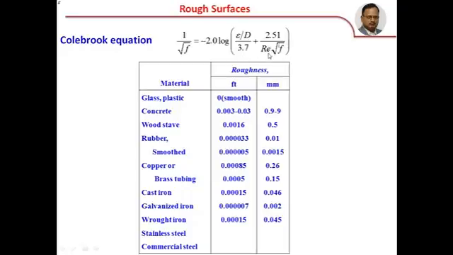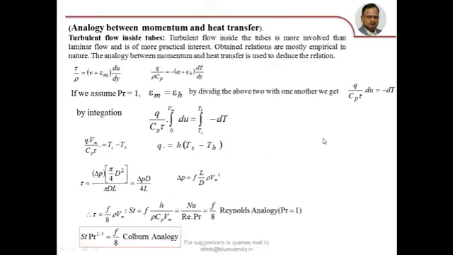And Colebrook developed an equation for rough surfaces to determine the friction factor: 1 by root f is equal to minus 2 log of epsilon by D by 3.7 plus 2.51 by Re root f. It is a little bit complicated, which is why it is better to use the chart. For different materials the roughness is given in millimeters or in feet, as per this equation.